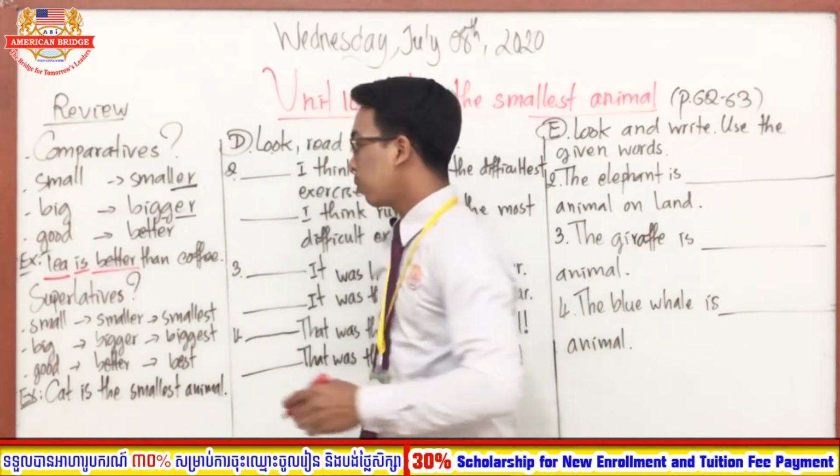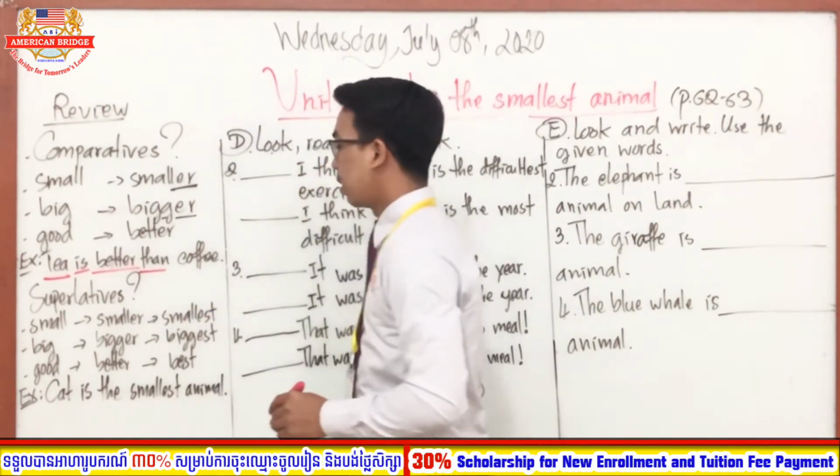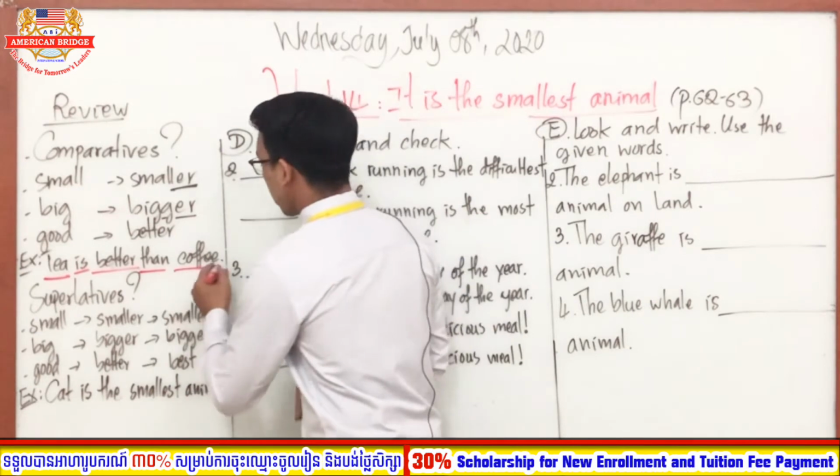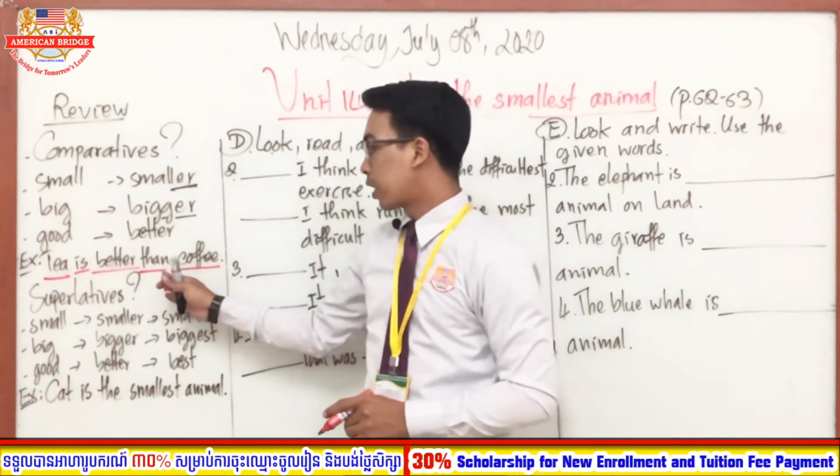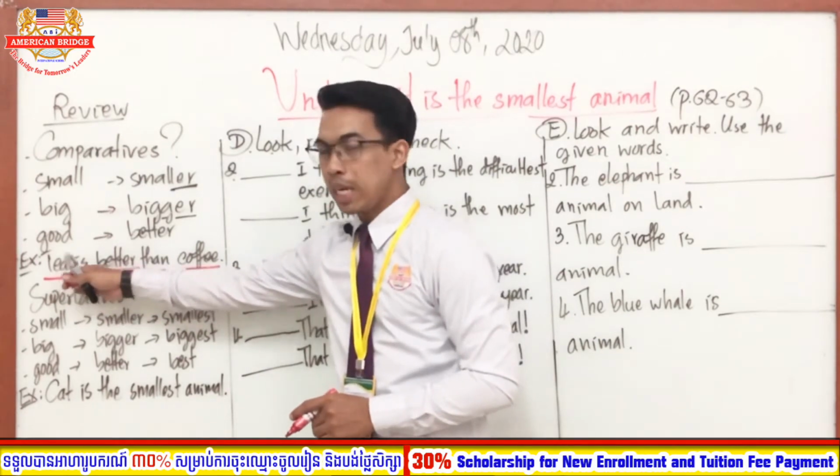So we must have the word than, then another object. This one is an object, this one is an object, so it compares tea and coffee.